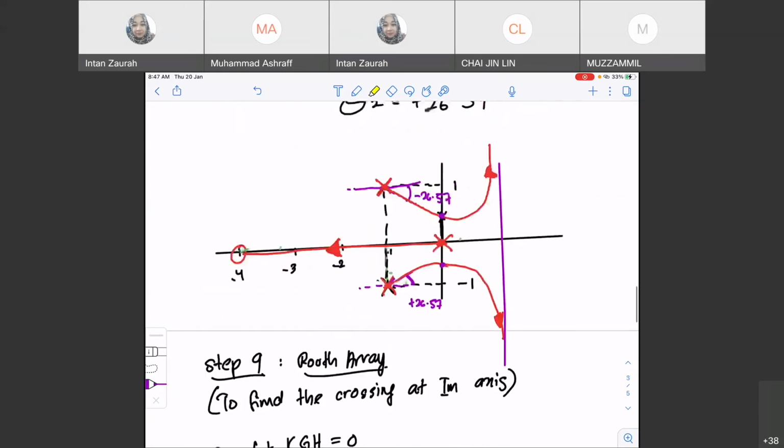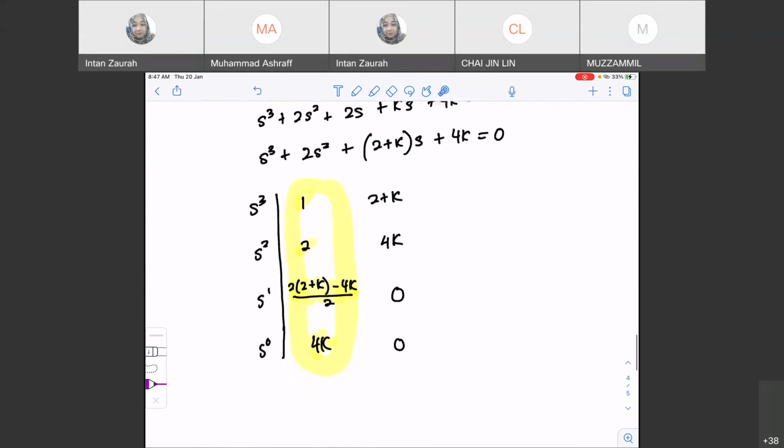I want to find when it is critically stable. This is the point where it is critically stable. Okay, so if it's stable, the value will be positive. If it's unstable, the value will become negative. Okay, so the value here, not the value of your coordinate. So if any one of these is negative, then it becomes unstable.